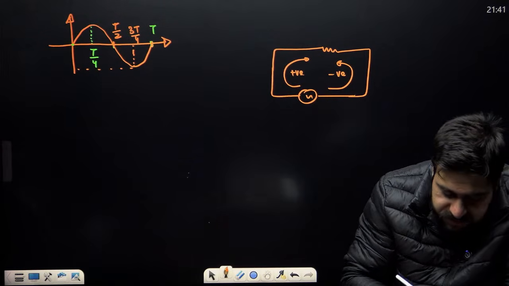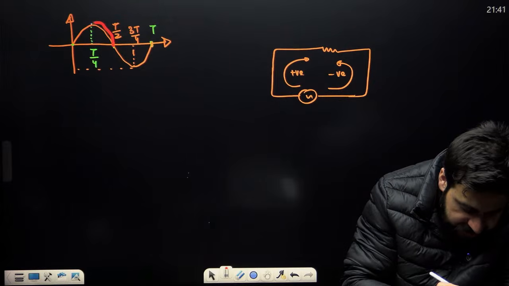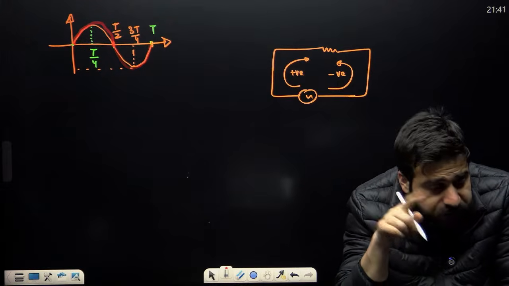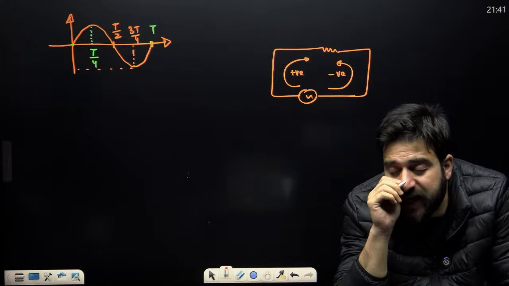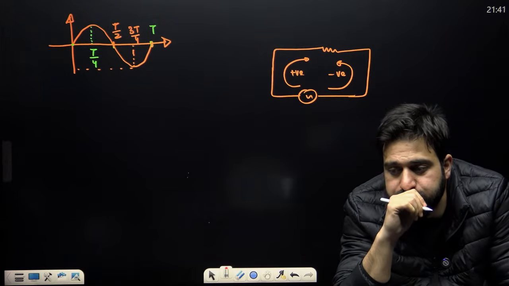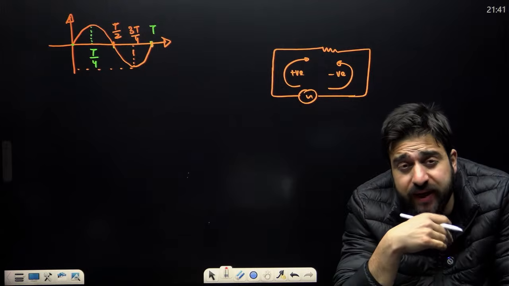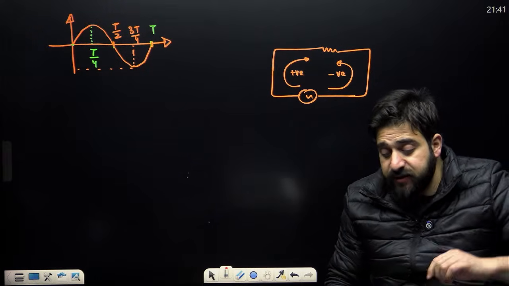Sir, I think in one cycle it changes direction twice, because in half the cycle it is positive, in another half it is negative. So now tell me, in 3 cycles, how many times will it change direction? 6 times. In 10 cycles, how many times will it change direction? 20 times.